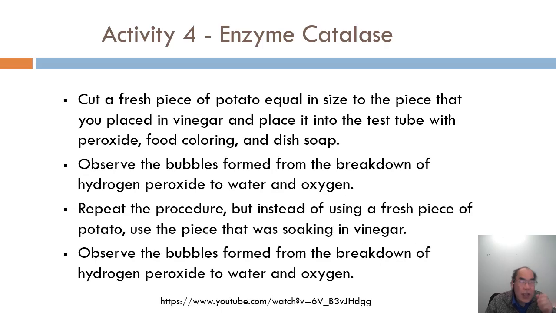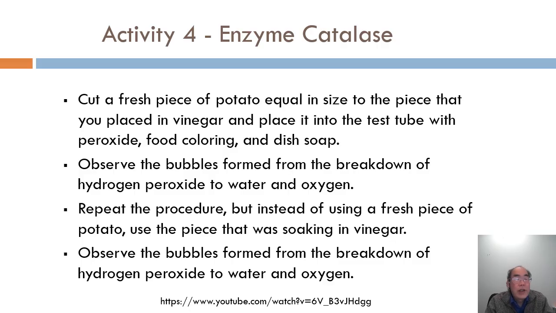And then you'll cut another fresh piece of potato, equal in size to the size that you placed in the vinegar, and you'll place it in the tube or cup with peroxide, food coloring, and dish soap. And you'll observe the amount of bubbles formed, and then you'll repeat the procedure.